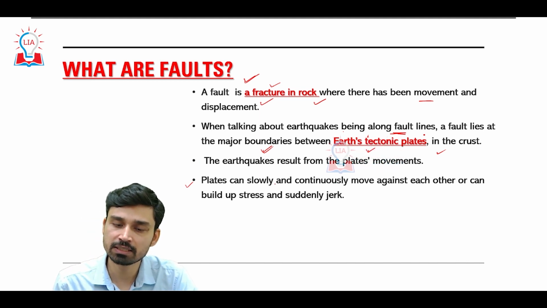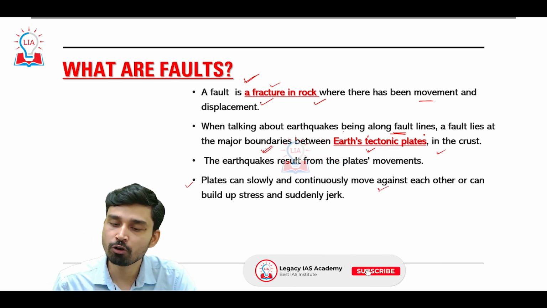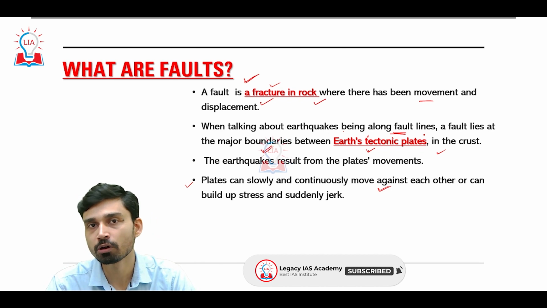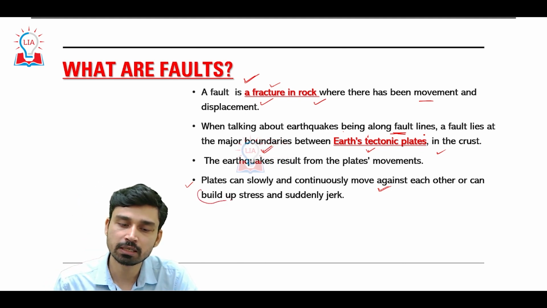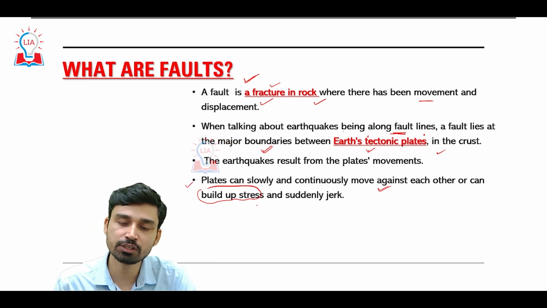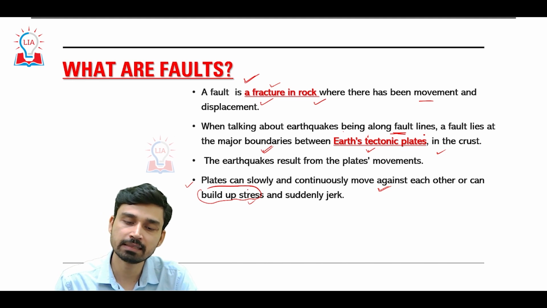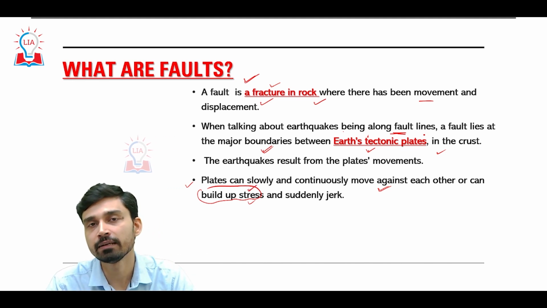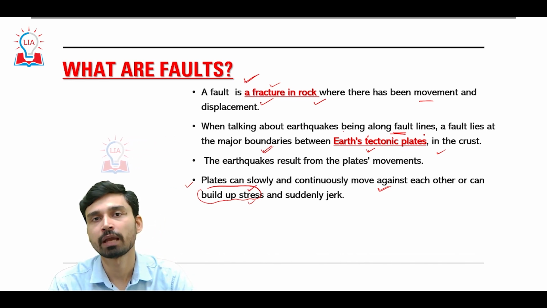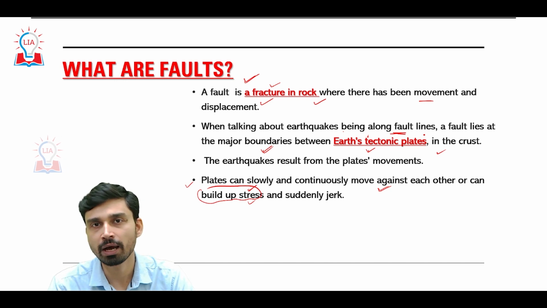Plates can move very slowly with respect to each other, or keep moving continuously against each other, and in this process they build up stress in their structure. Suddenly, when the rocks move, this stress is released. There is a kind of jerk along the plate boundary, and the energy released is transported in the form of seismic waves, which, when they reach the Earth's surface, cause violent shaking of the surface and the structures above it.